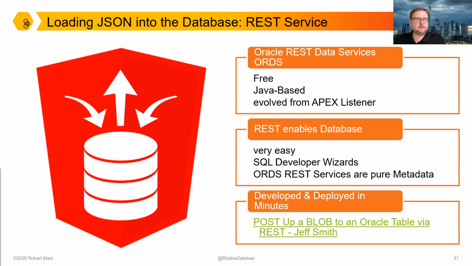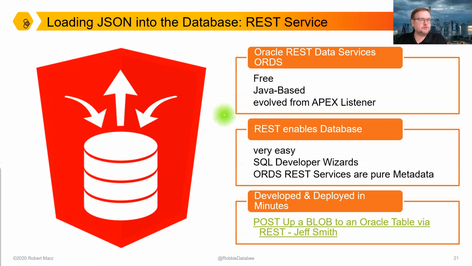JSON is an interchange format which is used in the web world a lot, and REST interfaces are very common in the web world. Luckily for us, we can turn the Oracle database into a REST server very easily by using Oracle REST Data Services, or ORDS for short. It is free, it is Java based, and evolved from the Apex listener.